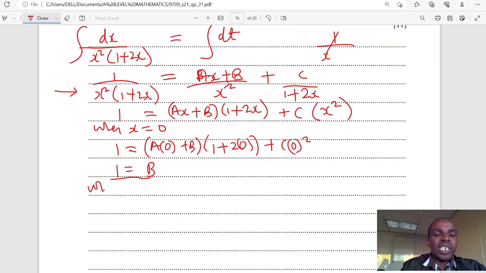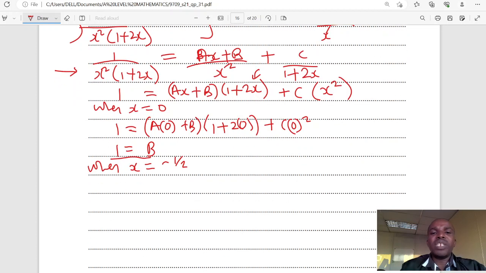Right? I can eliminate one more letter. If I eliminate a and b, I can take my x to be negative half. So when x is equal to negative half, it will be 0 on a and b.